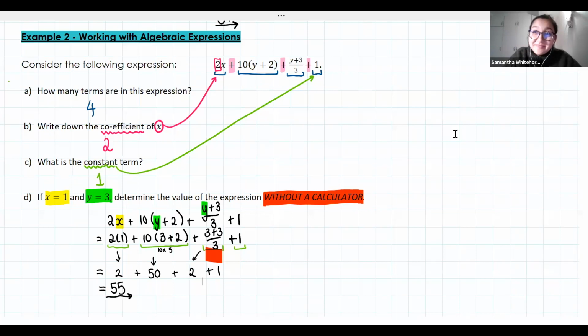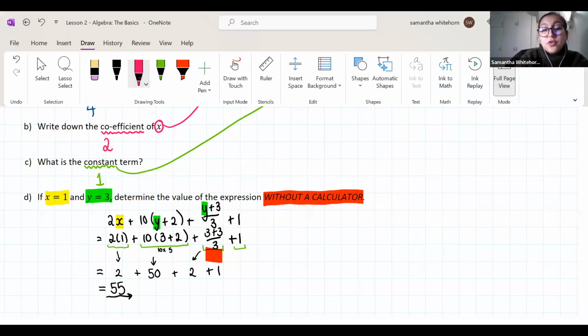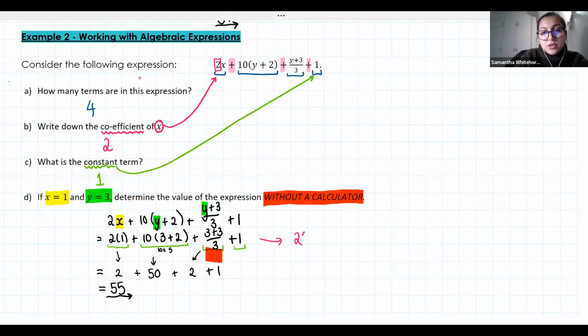My mistake was I rushed it. I thought that we must plus the 10 with everything, ma'am. So your second option, yes, if you wanted to, you would have 2 times 1 plus 10 times the 3 plus 2, and then plus that 6 over 3 plus 1.